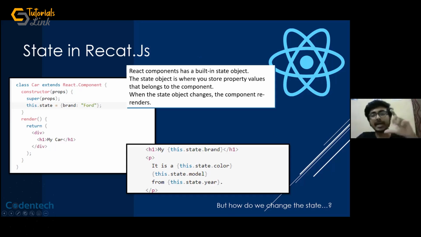Let's say there is a pen, and that pen has attributes, or you can say properties. So what are the properties? Let's say the pen's brand name is ABC, the color is blue, and it is a ball pen. So what will happen? We will create a constructor which will have state, and in this state we will create the properties or attributes, like brand is ABC, color is blue, and the type is ball pen.